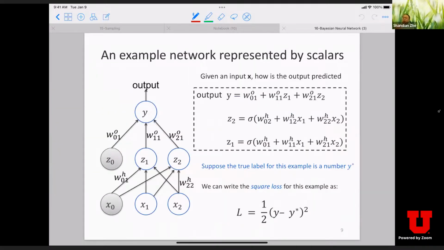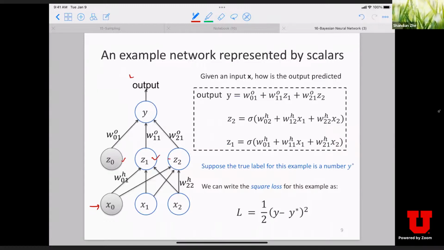Here we have an example. Maybe you have seen this before. Given the input X, how do we compute your prediction, namely the output of your network, through the so-called forward pass? This is the input layer: X0, X1, X2. Then you sequentially compute every neuron in the next layer.